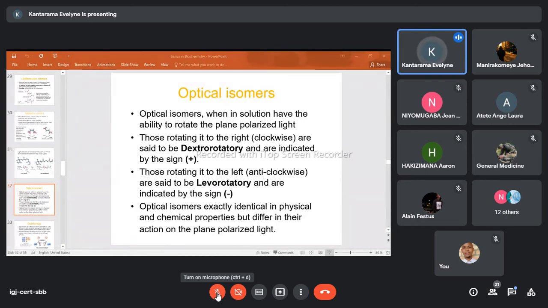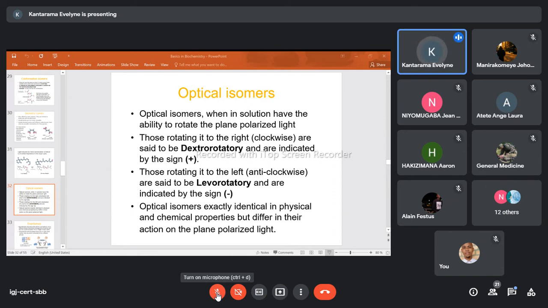But in our case here, we are mentioning these optical isomers in terms of the deviation of light, the polarized light, and those optical isomers, when in solution, have the ability to rotate the plane polarized light.